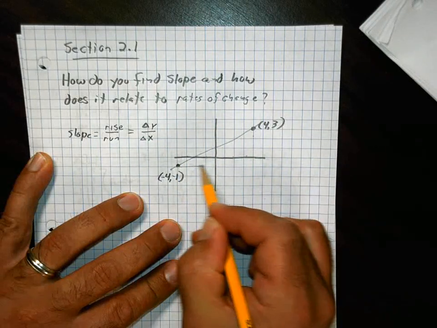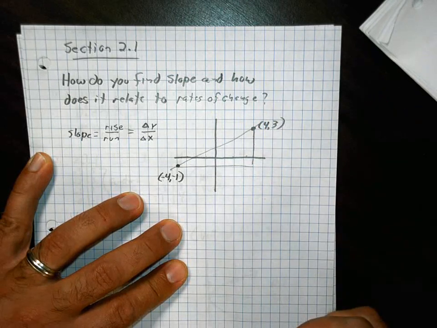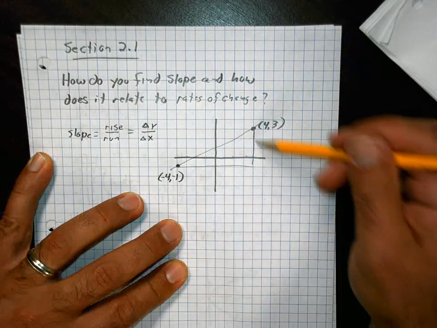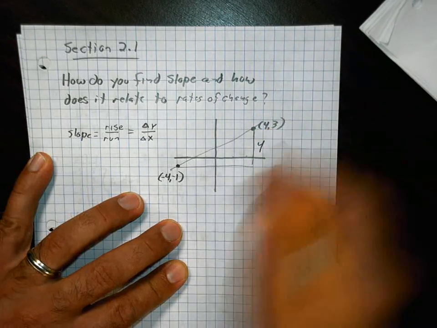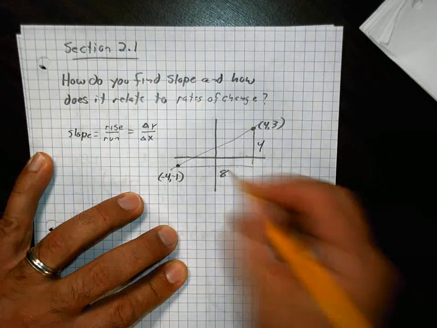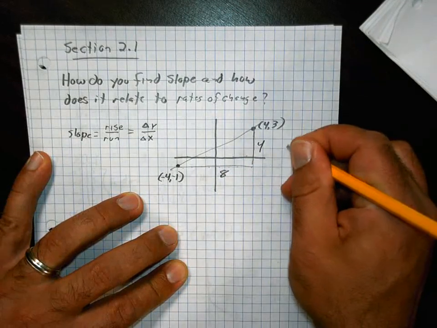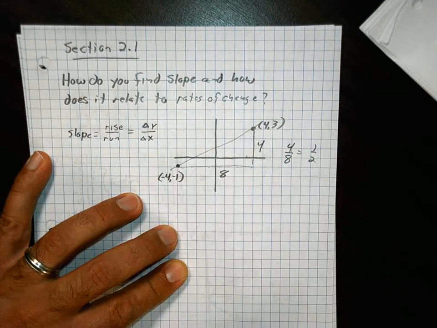In order to find slope, you'd create your slope triangle and you'd determine the rise, 1, 2, 3, 4, and the run, which is 1, 2, 3, 4, 5, 6, 7, 8. So the rise over the run would be 4 over 8, which is 1/2, and that would be your slope.